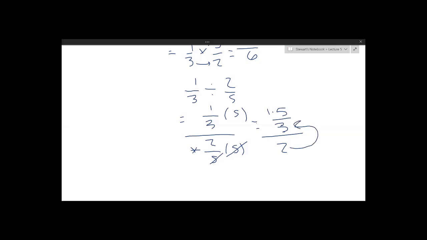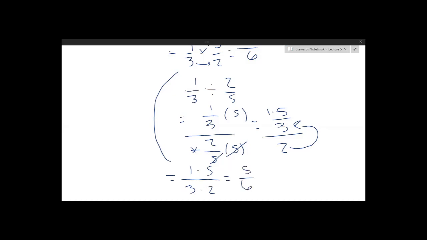So we'd end up with 1 times 5 over 3 times 2, which is exactly what we did up here. That's the logic behind why it works, which then would be 5/6 again.